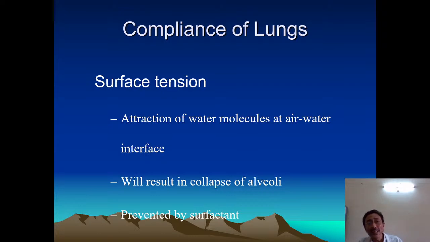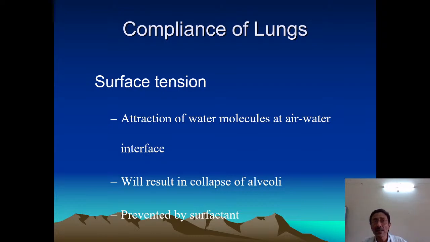The next thing is on what factors the compliance depends. Now the lung compliance depends upon 3 to 4 factors. One, the distensibility of the lungs. That means the ability of the lungs to expand. And what factors does the distensibility depend on?